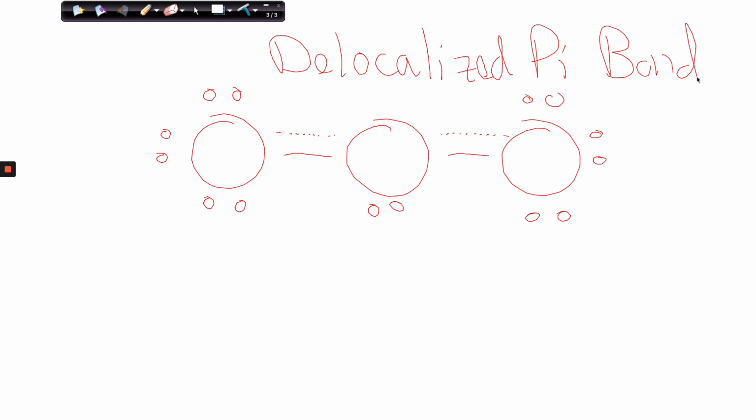This is important. Put it in your notes. Guys, this is what is called a delocalized pi bond. A delocalized pi bond is a partial double bond that forms in multiple directions simultaneously.